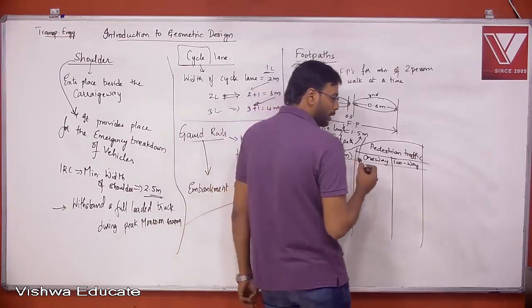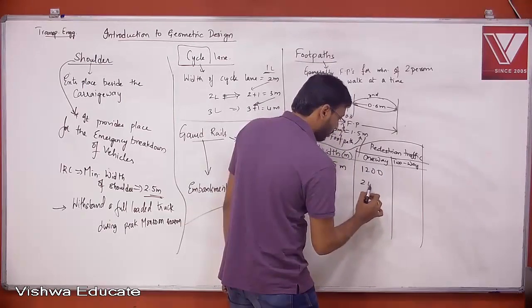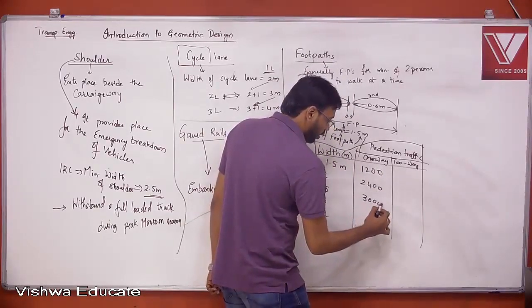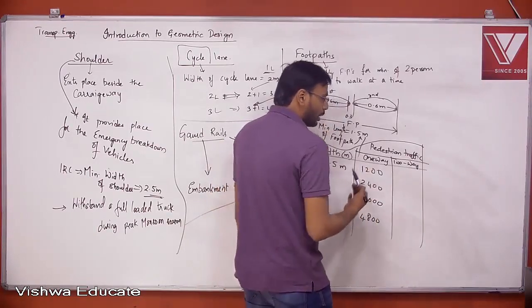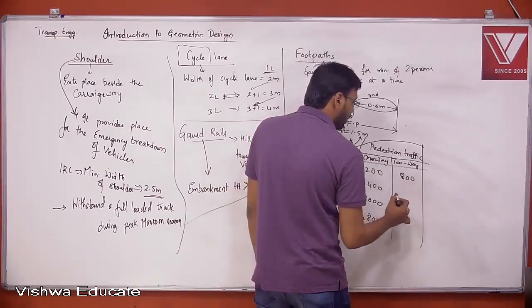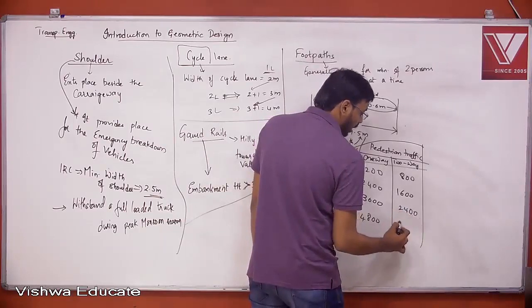For example, it is 1200, 2400, multiples of 1200 you can say. Next one is 3600. Next multiple is 4800. Similarly, here it is the multiples of 800. So it is 800, 1600, 2400 and 3200.